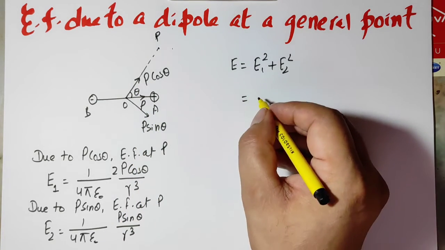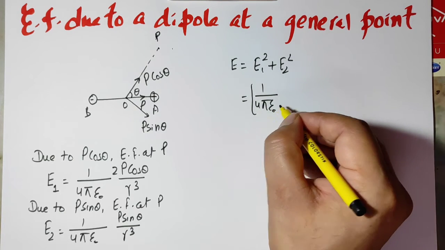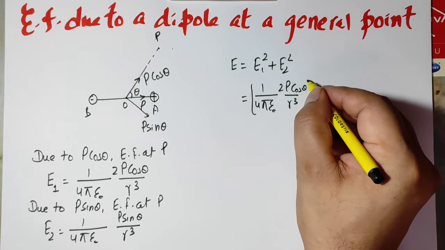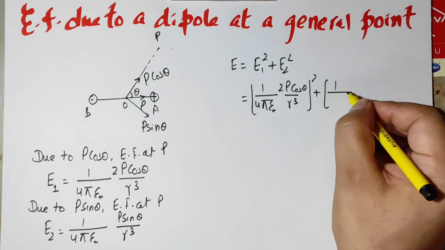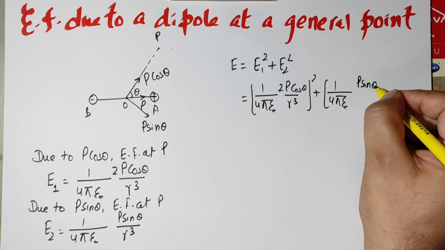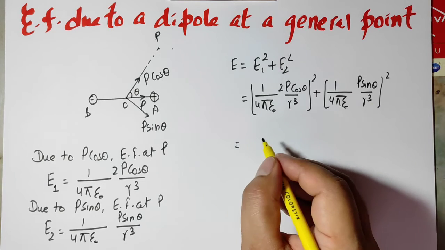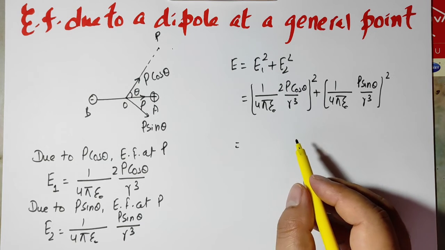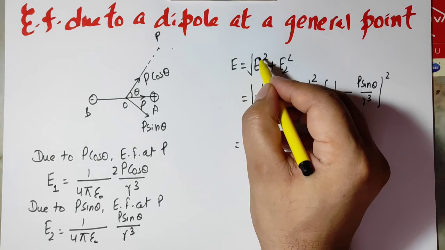So we have 1 upon 4 pi epsilon naught 2p cos theta upon r cube, square, plus this square, 1 upon 4 pi epsilon naught p sin theta upon r cube. Okay, here we have to take common. What is common here? You can see p is common. Sorry, we have the square root also here.